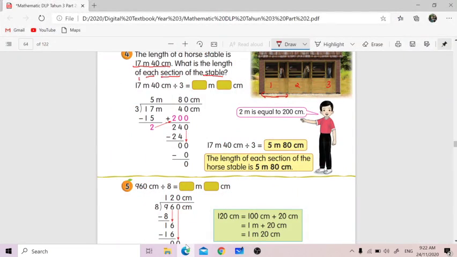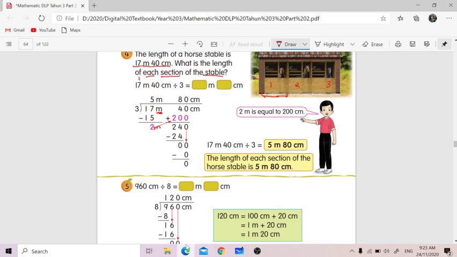Atas, then 15 di bawah. Kita minuskan, kita tolak. Baki 2. So, remember students, kenapa 2 ni letak atas sini semula? Okay, because yang ni ada unit. The unit conversion is different. Okay, so dekat sini, it's equivalent to 2 meter. Tapi kita tak boleh turunkan 4 terus.